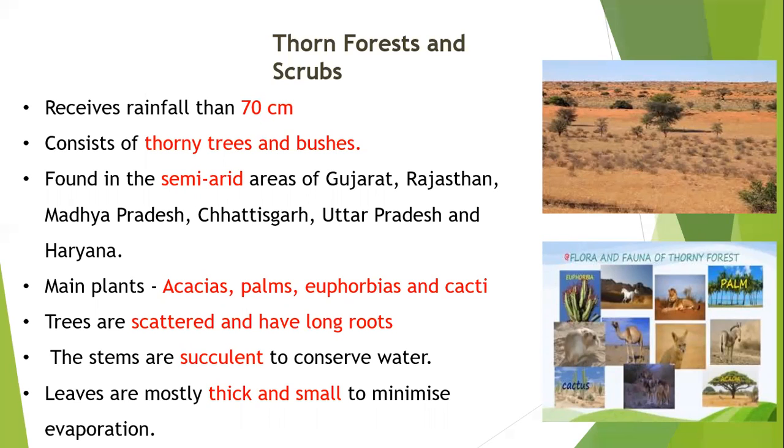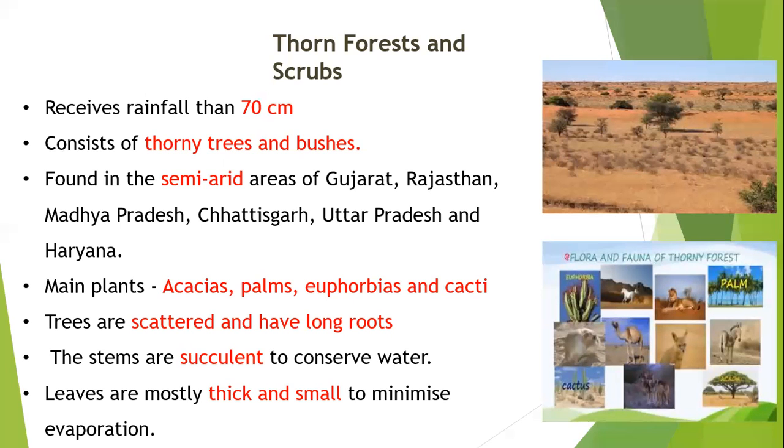So, these forests receive rainfall of less than 70 centimeters. They consist of thorny trees and bushes. They are found in semi-arid areas of Gujarat, Rajasthan, Madhya Pradesh, Chhattisgarh, and Uttar Pradesh.